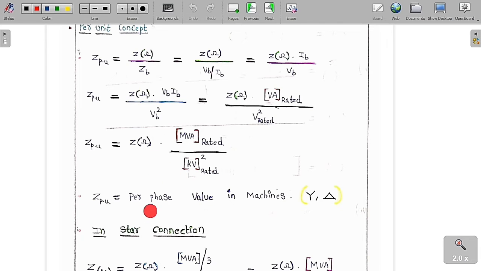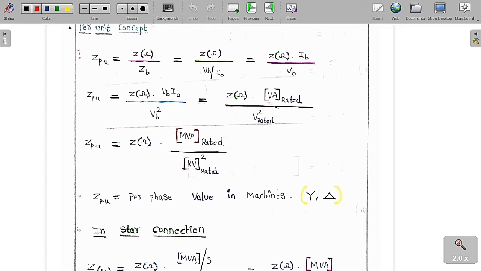Z per unit is called a per phase value in machines, in star connection and also in delta connection. So Z per unit is equal to Z in ohms into MVA base divided by kV base whole square. These are the formulas. These are per phase values in machines, either star connection or delta connection, because windings are connected in either star or delta.